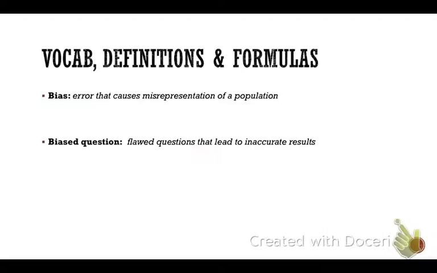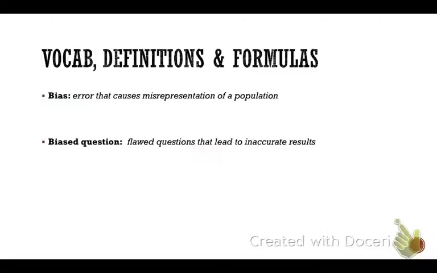Go back up to your definitions now and let's get a few more down. So bias. I mentioned this earlier in the exploration. Bias is an error that causes misrepresentation of a population. So if you have bias in your sample of that population, then you would misrepresent it.